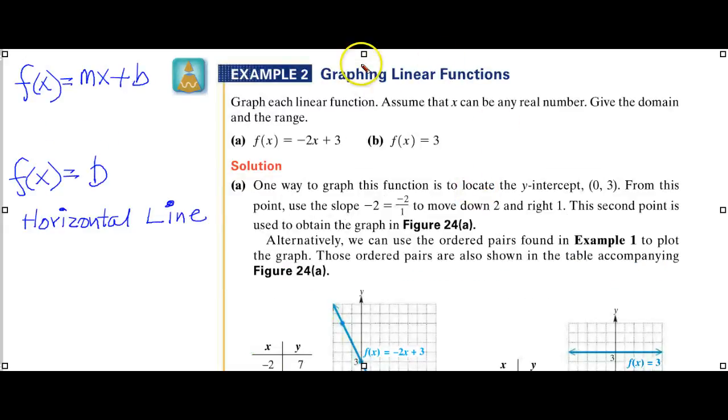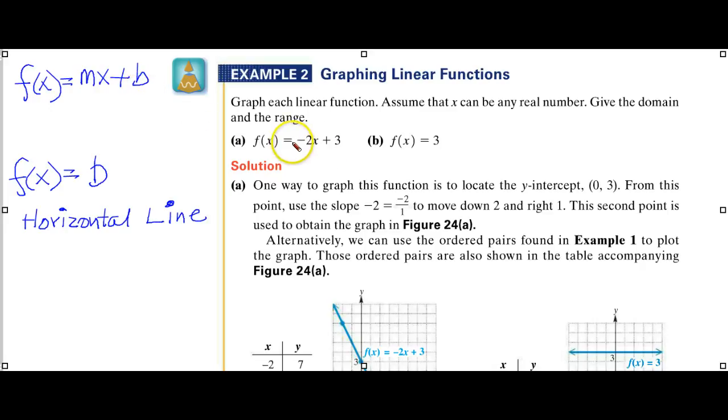Now in example 2, they're going to ask us to graph linear functions. So here in this first example, letter A, this is written in slope-intercept form.